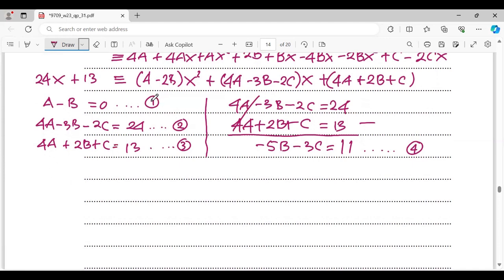And then through 1 and 2, the first equation and second equation, a minus, this is 2b actually, like this, a minus 2b equals 0. 4a minus 3b minus 2c equals 24.